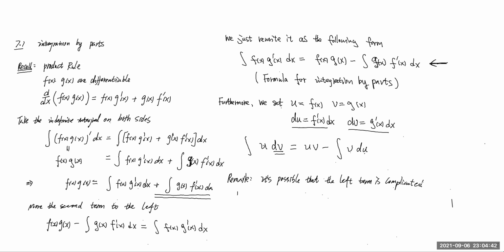You use integration by parts, you get the term u v minus the integral of v du. Why do we do this? Because the original is complicated. After we do this, we hope the new term is easy for us to find the antiderivative.